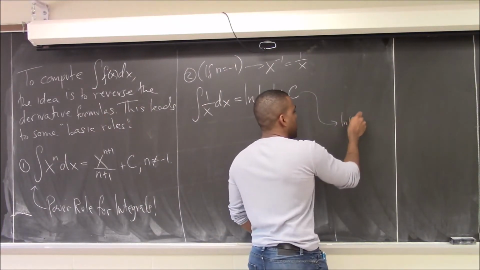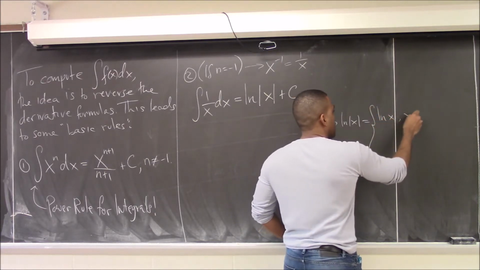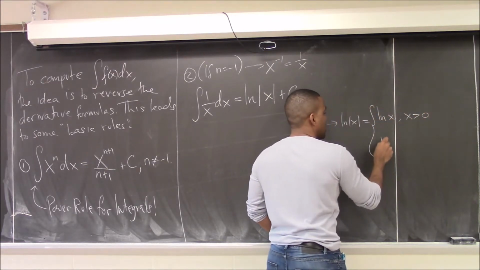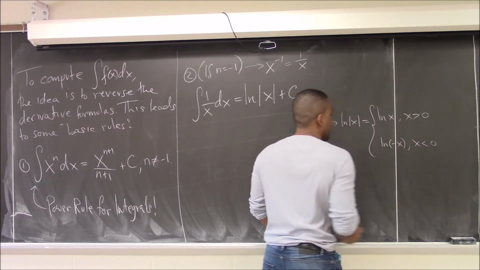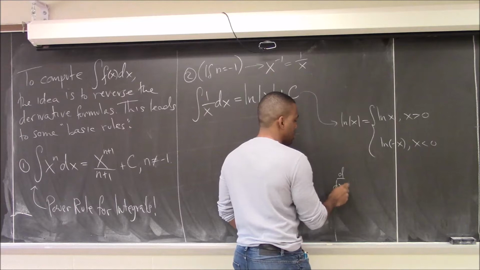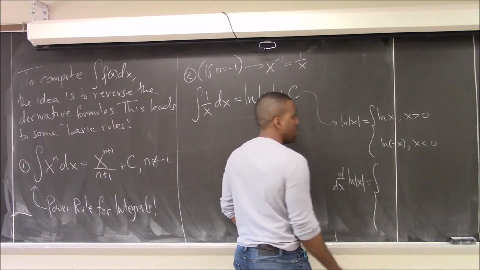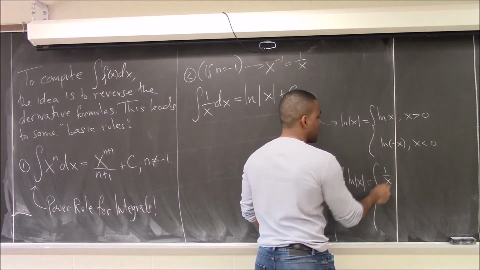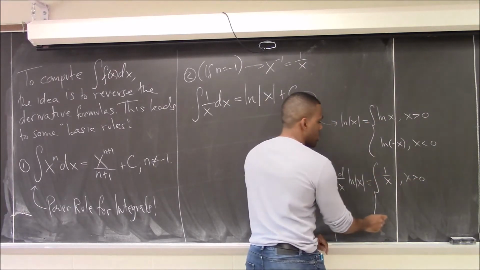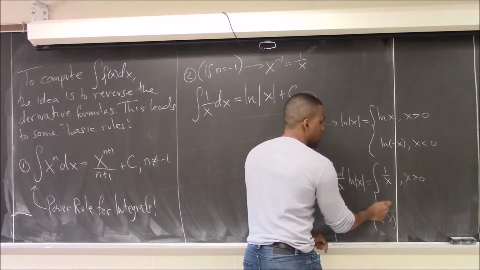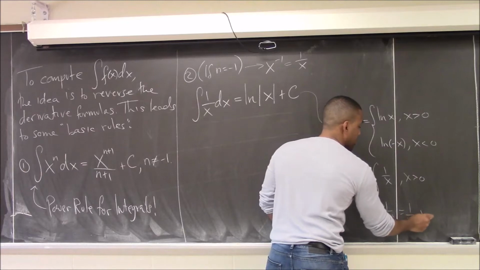You know that ln of absolute value of x is just ln x if x is positive, it's ln of minus x if x is negative, and so if you were to take the derivative of this, in the top case you just get 1 over x by our definition, and in the bottom case you get the derivative over the thing itself, it actually equals 1 over x again.